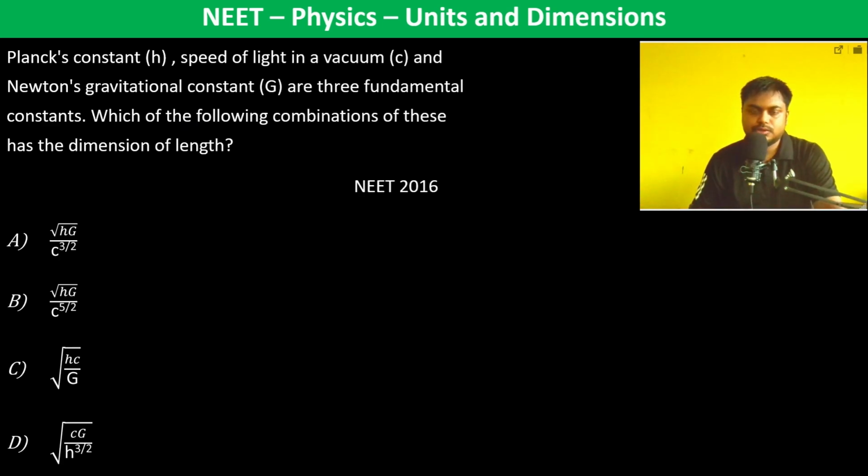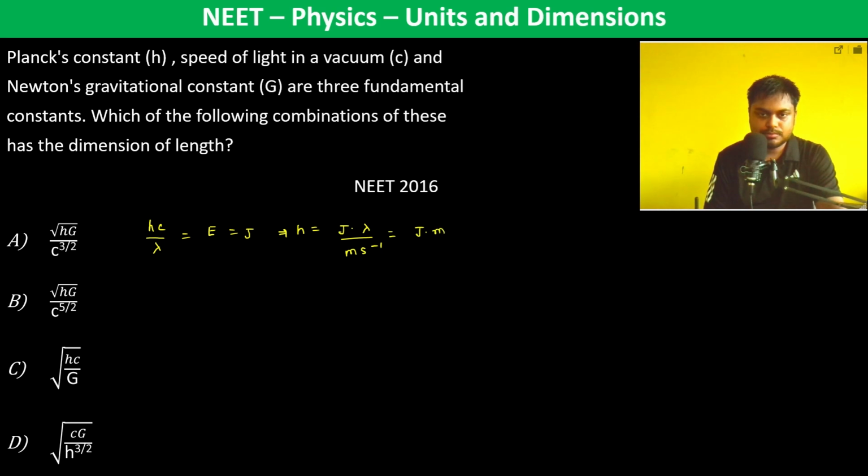Thank you. Planck's constant h, Newton's gravitational constant G and the speed of light c are the three fundamental constants. Which of the following combinations of these has the dimension of length? Okay, so for Planck's constant, we have hc by lambda as energy. This is the energy of a photon, which is joule. So h is equal to joule into lambda by meter per second, which is joule meter by meter per second, gone.